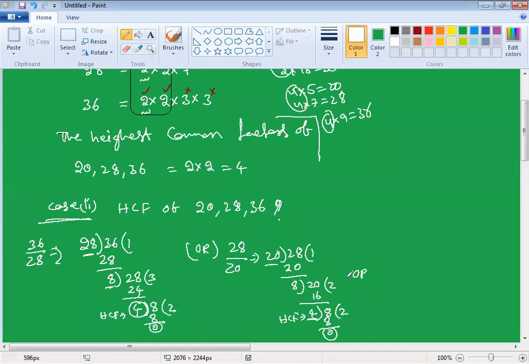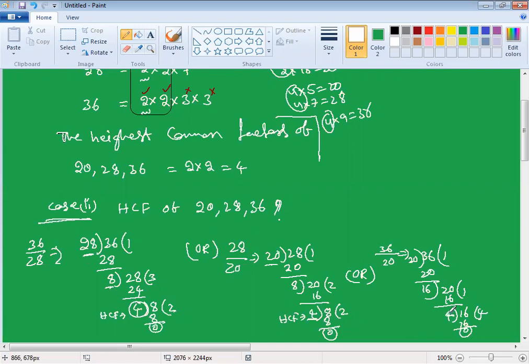Or take the remaining pair, 20 and 36. 36 by 20. 1 twenty is 20, the remainder is 16. Again take this 20 by 16. 1 sixteen is 16, and the remainder is 4. 4 fours are 16, 0.